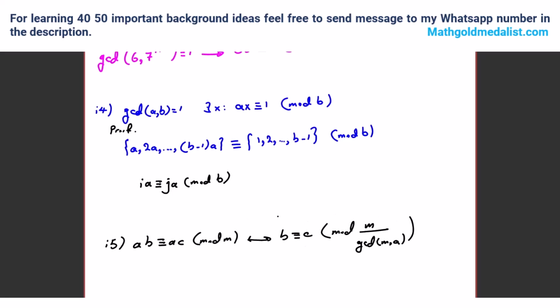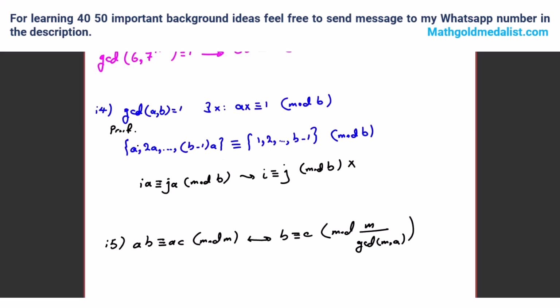And we can prove it. If you want to know the proof, again, you can send a message to my WhatsApp number. By this approach, you can divide both sides by A, but GCD of B and A is 1, so mod B. But we know these coefficients are 1 to B minus 1, so they cannot be congruent mod B.